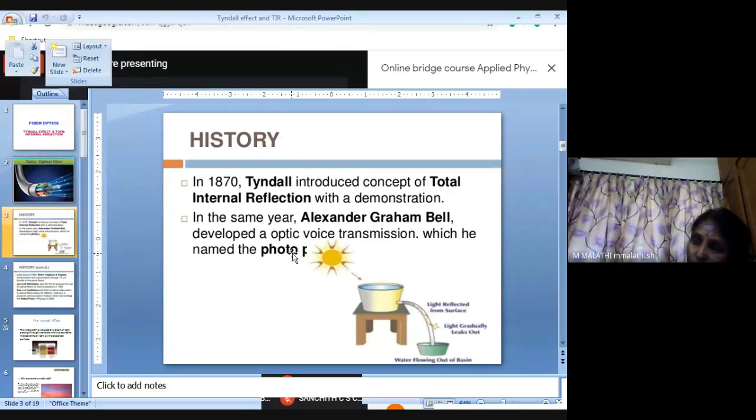So if the information signal has to be transmitted from the transmitting end to the receiving end, however the distance varies, these information signals like audio signal, video signal, digital signals are all low frequency, less energetic waves.